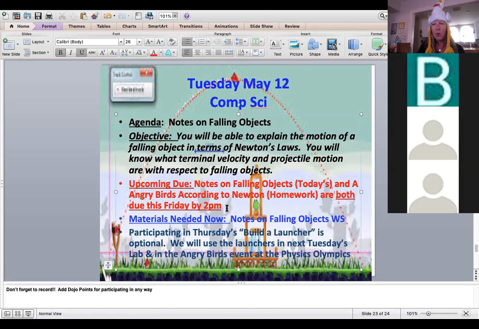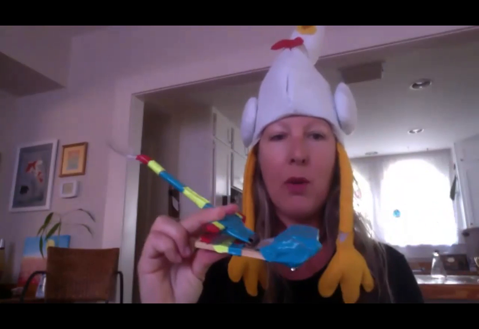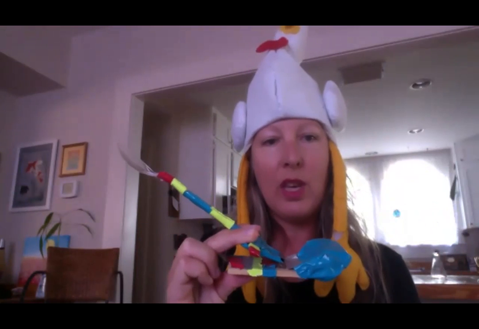Then on Thursday, which is our next class this week, we are going to be building launchers. The one that we're going to build on Thursday looks like this one. I am going to be building this with you on Thursday. So I put a document on Edsby for the materials that you would need if you would like to build this with us.